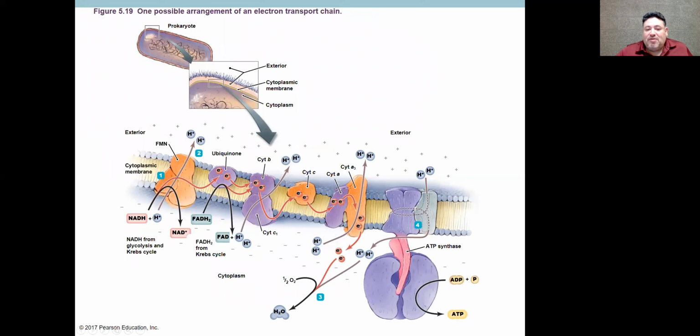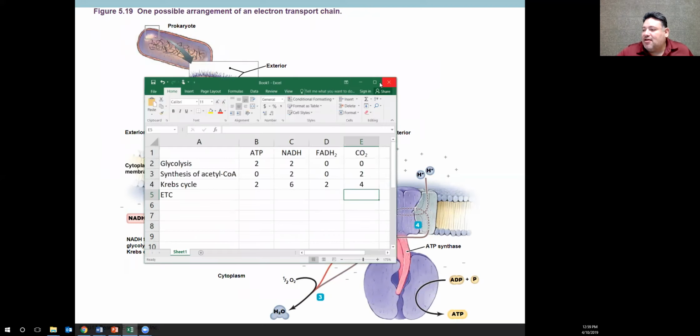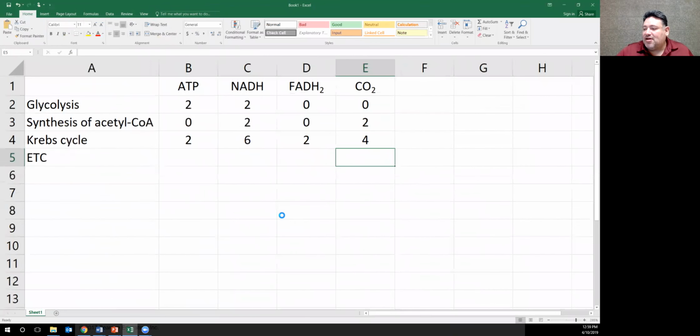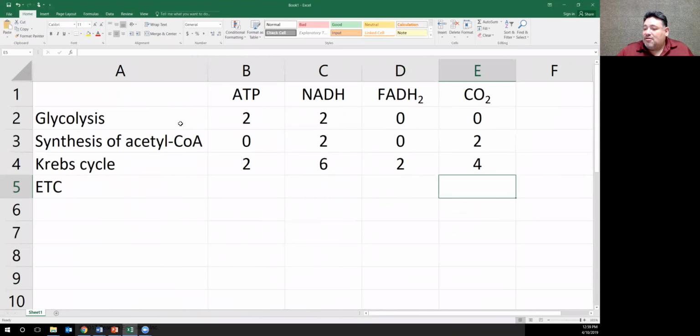So how much do we make? As far as the ATP is concerned, well, ATP is ATP. Oh, sorry, you guys aren't seeing what I'm doing. My apologies. Let's try that again. Here we go. This is what I'm looking at. Okay, that's what it looks like. So ATP is ATP. We're not going to change anything. So what we're going to do is add these.